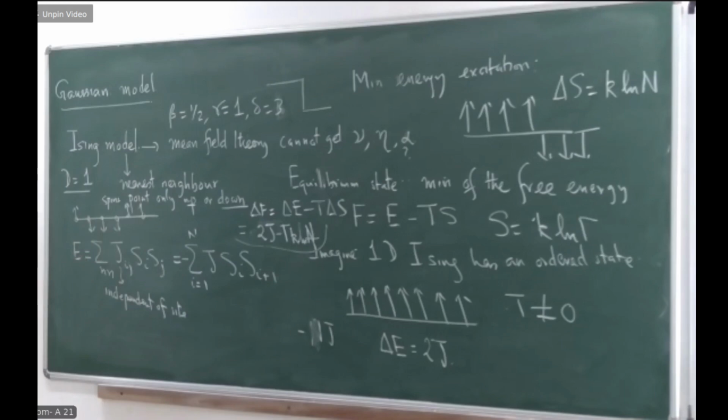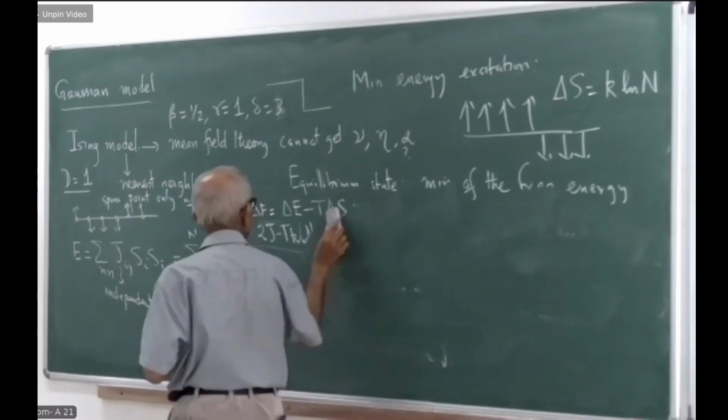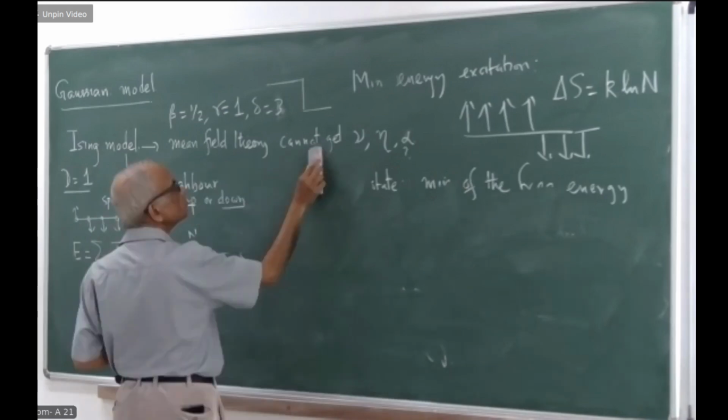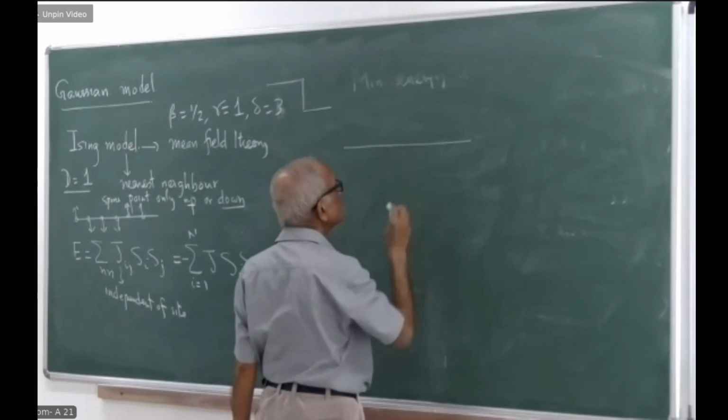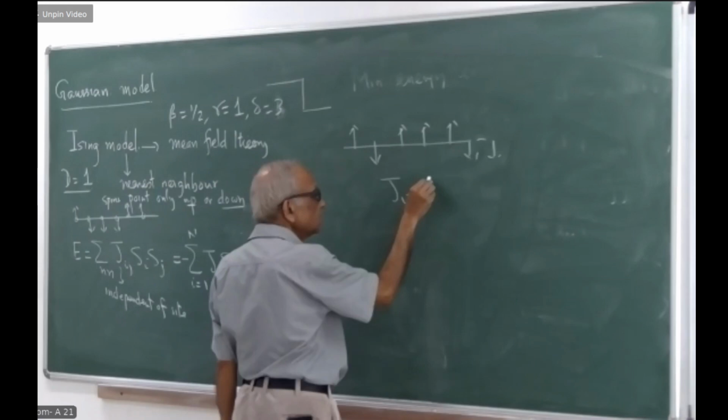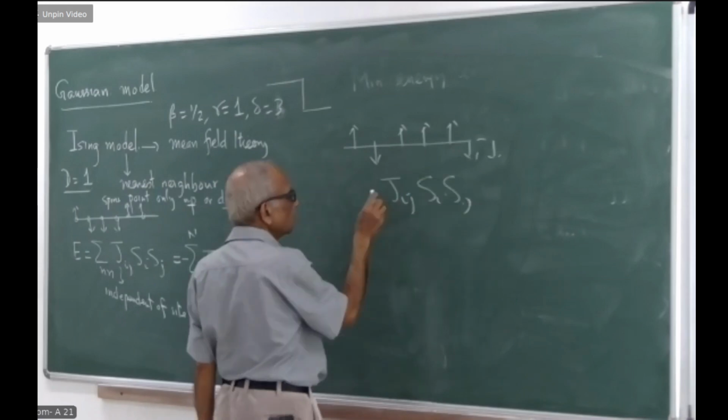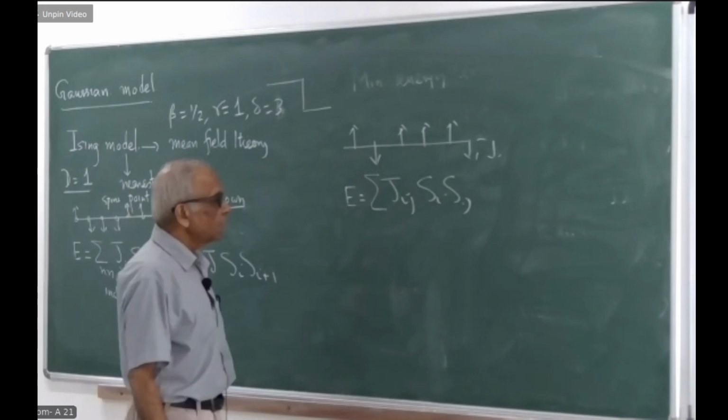So, all right, the assignment at this stage is: suppose I introduce the J_ij, so it's J_ij S_i S_j, and E is equal to a summation over all the relevant i and j.